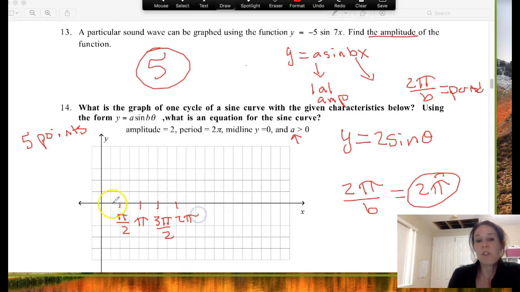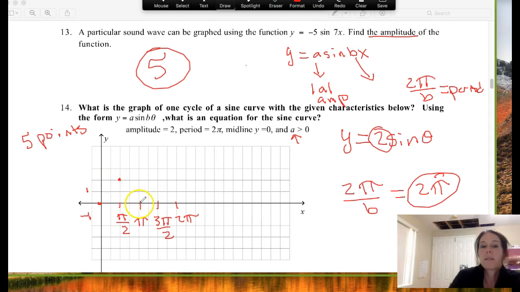And this is good if you're shifting by pi over 4, because you would have a pi over 4 in between each of these. That would be good markings. Okay, so our 5 points. At 0, sine is 0. At pi over 2, if you look on your unit circle, sine is 1. And we're going to go 1 and negative 1. However, our amplitude is 2. So instead of going up to 1, I'm going to go up to 2.